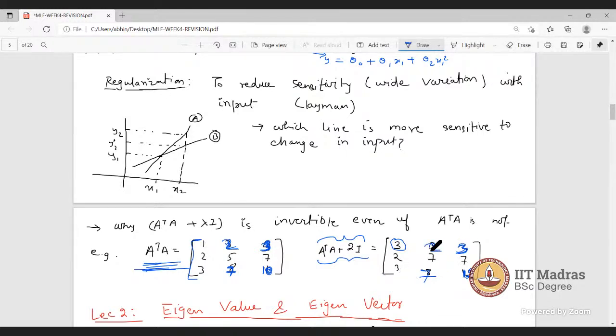This is 2. So see what is happening. We are simply removing the dependency between different columns. When the dependency is removed, it means A transpose A plus 2I becomes full rank. And if it becomes full rank, it means it will be invertible. So even if A transpose A was not invertible, A transpose A plus 2I will become invertible.